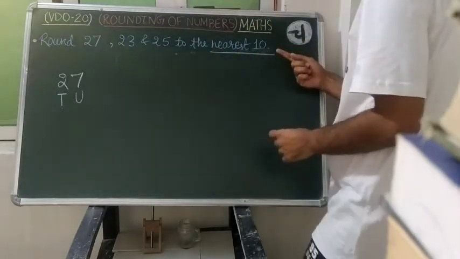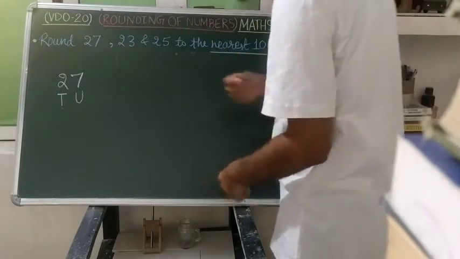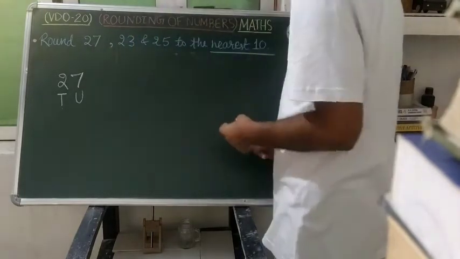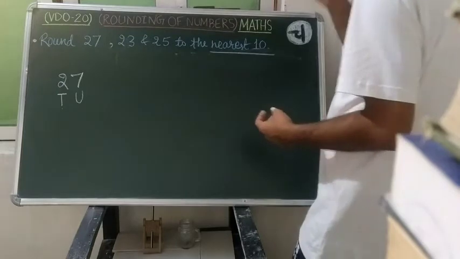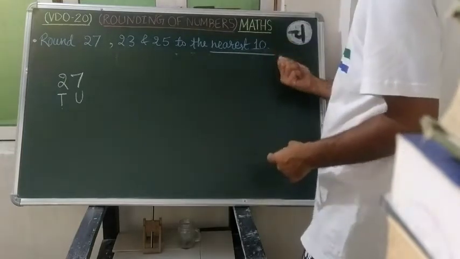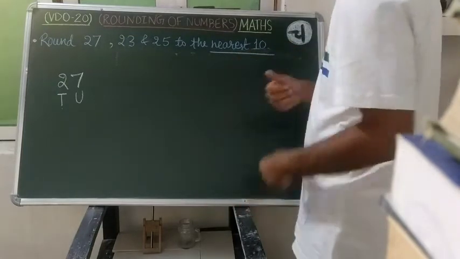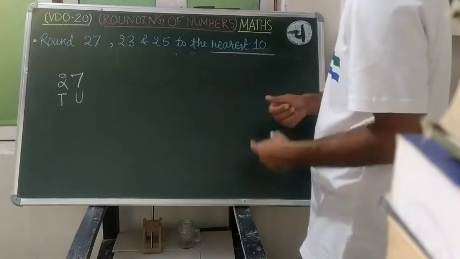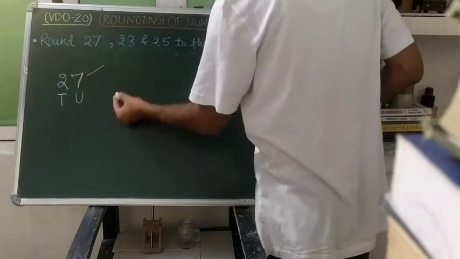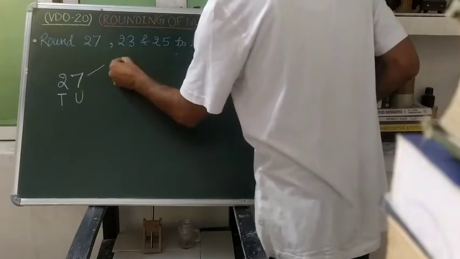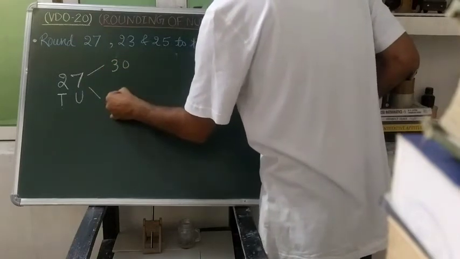Read the multiple of 10 which is near 27. If we read the multiples of 10, 10 twos are 20, 10 threes are 30. So we can select the multiples 20 and 30.